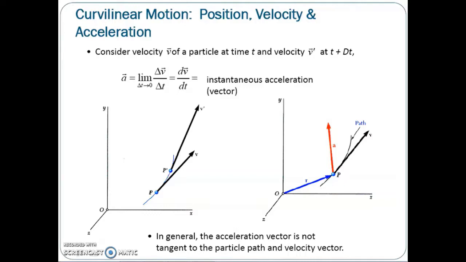If we consider the velocity vector v of the particle at time t, which is this one, and its velocity v prime at the later time t plus delta t, we can draw these two vectors v and v prime from the same origin O prime, with x prime, y prime, z prime in a different coordinate system.